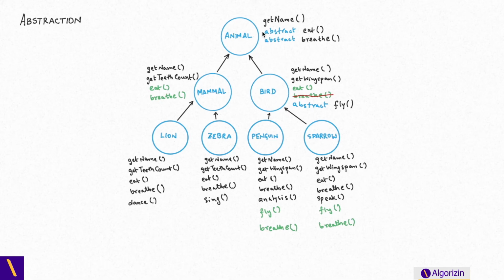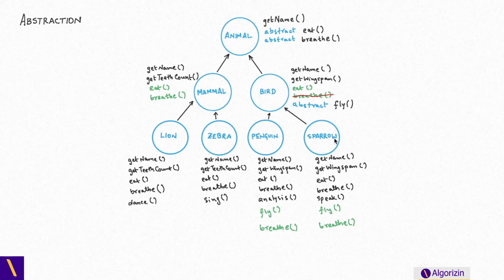So if animal has two abstract methods, eat and breathe, and if bird implements only the eat method, it overrides only the abstract eat method and does not override the breathe method, then some other child of bird must implement the breathe method. This chain is animal, bird, sparrow. This is one chain. Animal, bird, penguin is another chain.